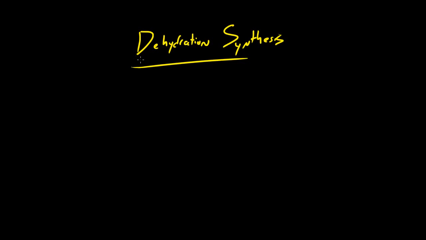And actually, I want to talk to you guys about that process of two monosaccharides coming together, and that's a process called dehydration synthesis. Now, if you break this word apart, you can see that dehydration, what's that mean? Well, dehydration means removal of water.